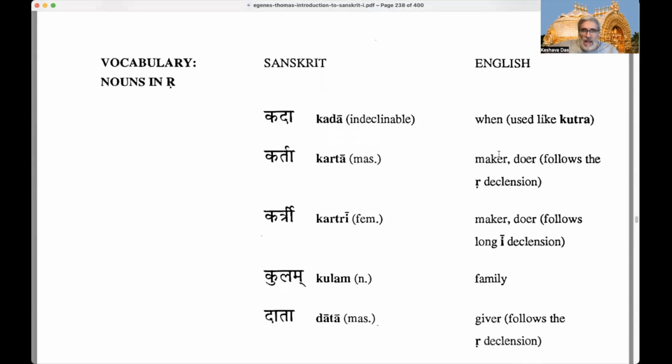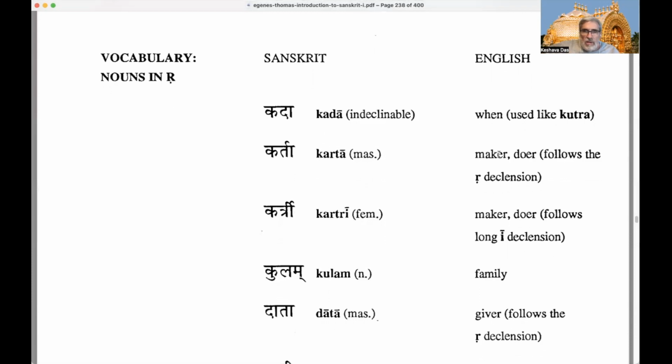So now we have karta. Karta is a masculine noun, and it means maker or doer. It's another name for the soul also, because the soul is a doer. It follows the ri-ending declension. The form that's given here is the masculine nominative singular, but we can think of it as kartri. Kartri means the doer, masculine.